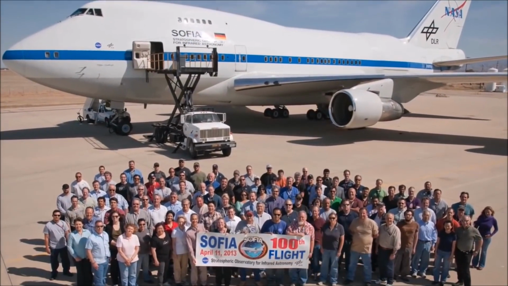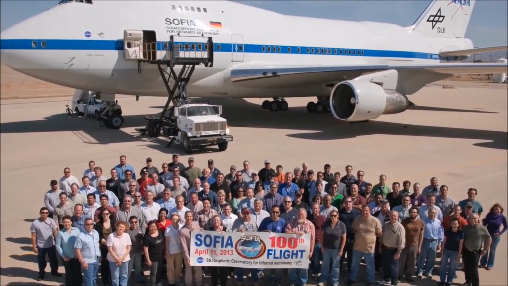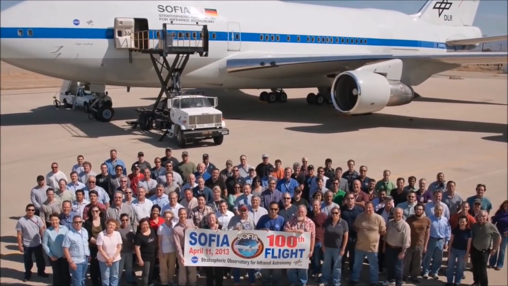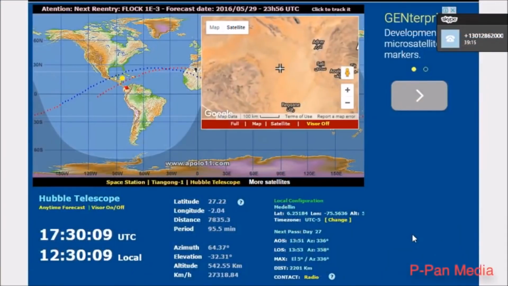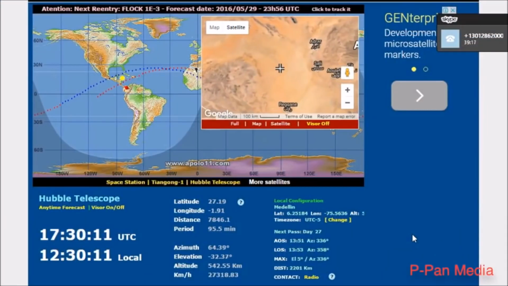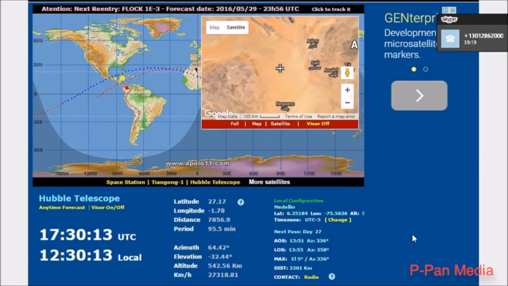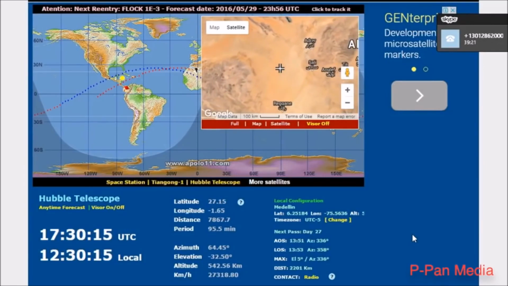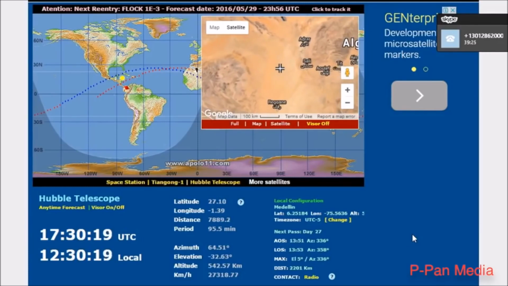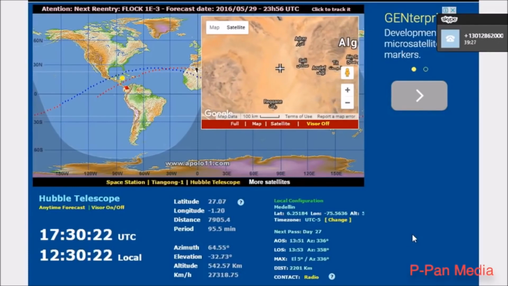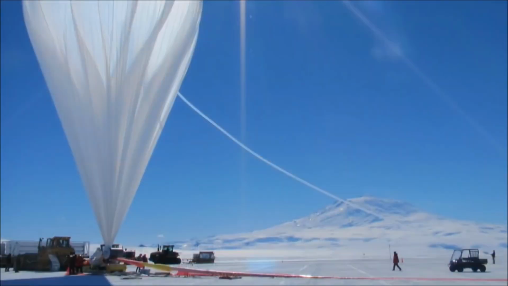Your own website shows the history of the Stratospheric Observatory program, and it actually began with balloons, because there's a satellite identical to Hubble, about two-thirds the size, that was launched from Antarctica on a balloon. There's a photo of that on the U.S. Antarctic website. They launch it from McMurdo.